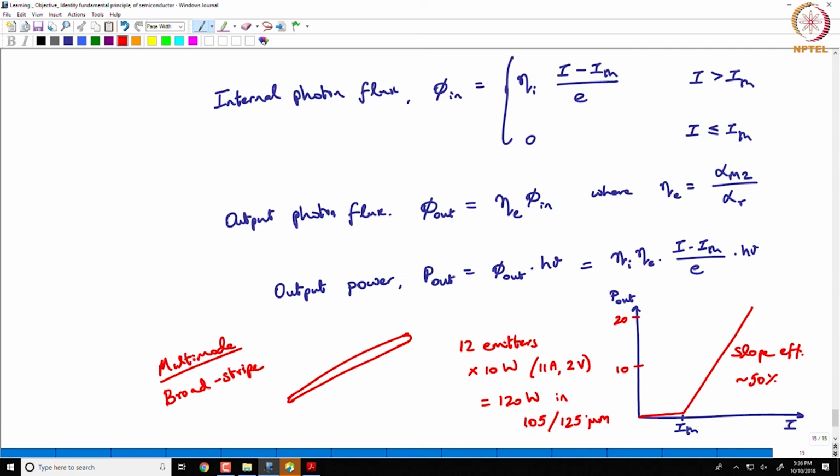So, I can have multiple emitters to scale up my output power, but with a single broad stripe emitter, you are not going to be able to go much beyond 10 watts of power. Right now people are stacking more and more elements.